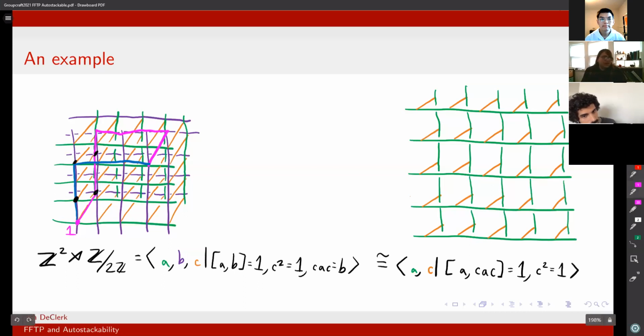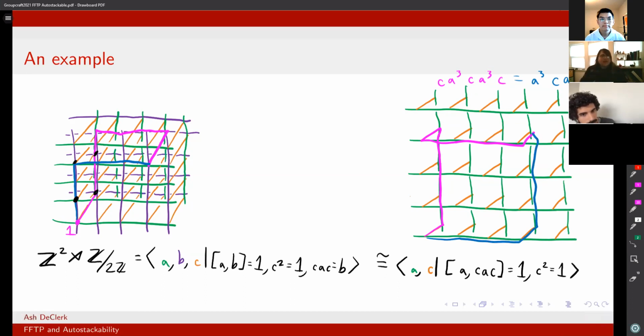On the other hand, if we look at a different generating set, which is just A and C, so we're dropping the B's, we're dropping the purple edges, then here, if we do C, A, C, A, C, that is actually equal in our group to A cubed, C, A cubed. So that's A, C, A.